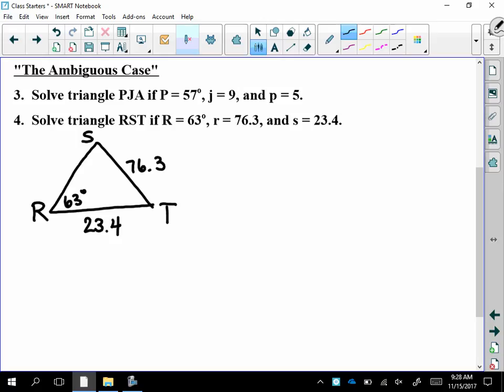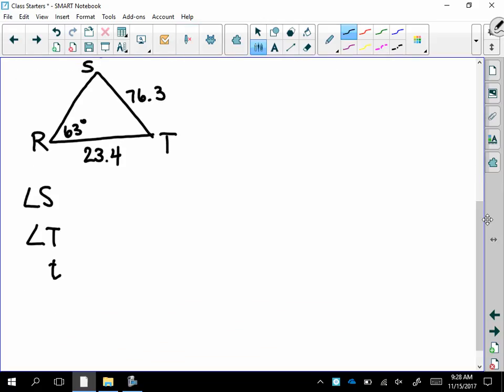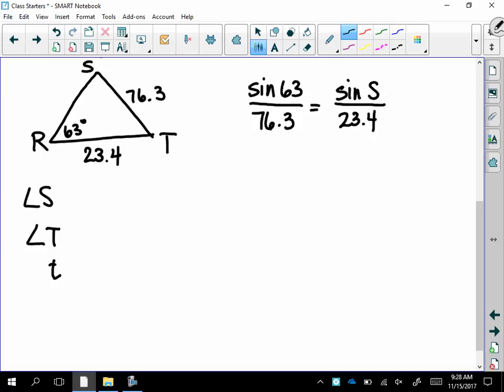Again, if we're going to solve this triangle, we have to find angle S, angle T, and side T. We'll use the law of sines again, because we have an angle and its opposite side. Since we're given 23.4, we're going to find the sine of S, the angle across from the given side.